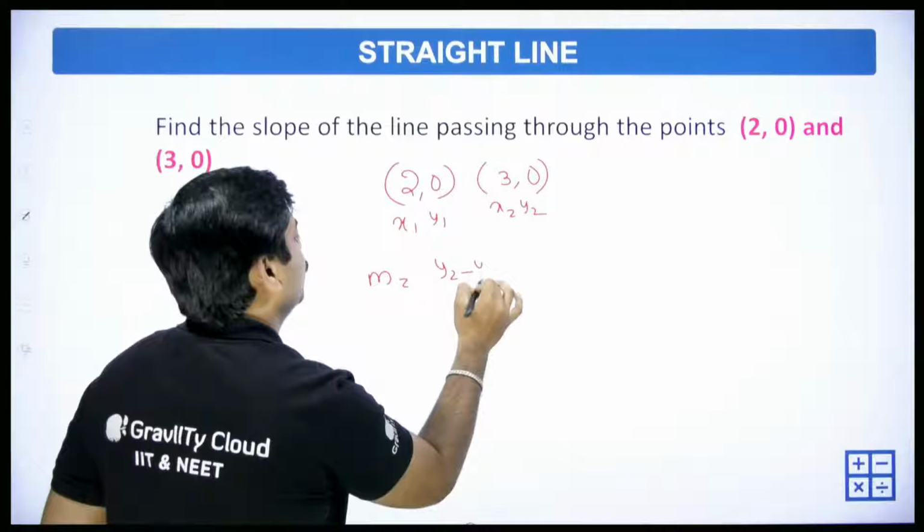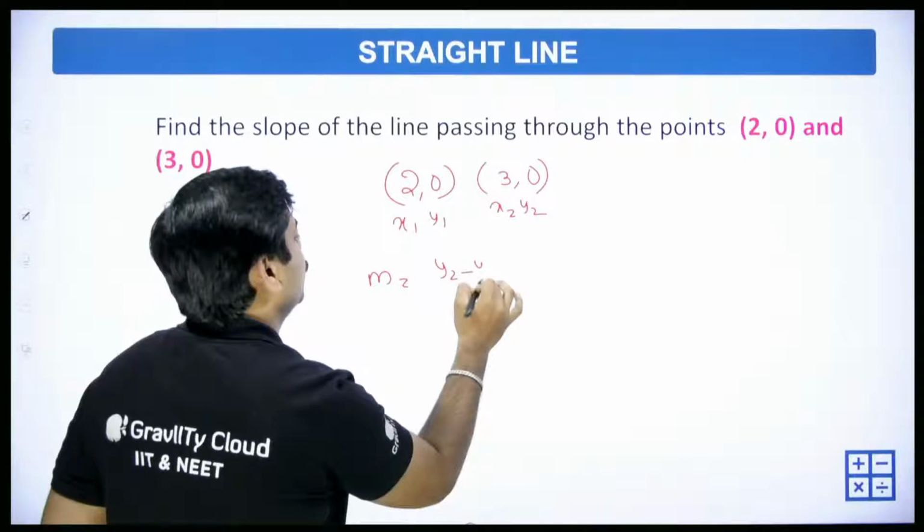What do you mean by slope being 0? That means it is not inclined with the x-axis. If you carefully observe, the points (2, 0) and (3, 0) are both points on the x-axis. We are just trying to find the slope of the x-axis.